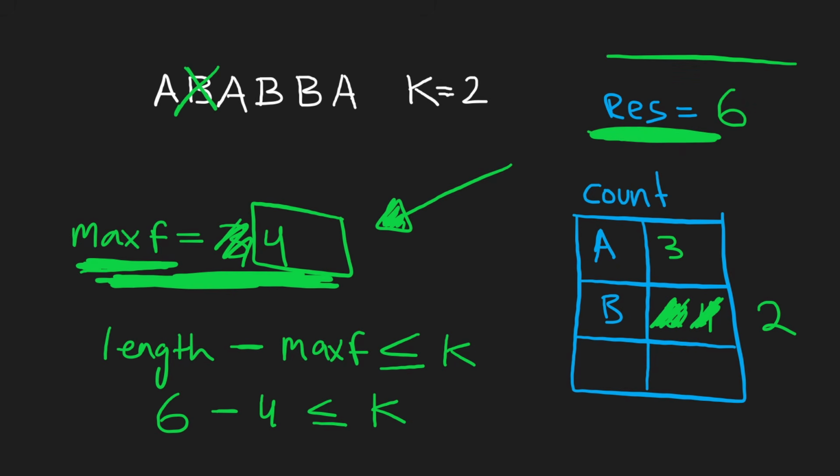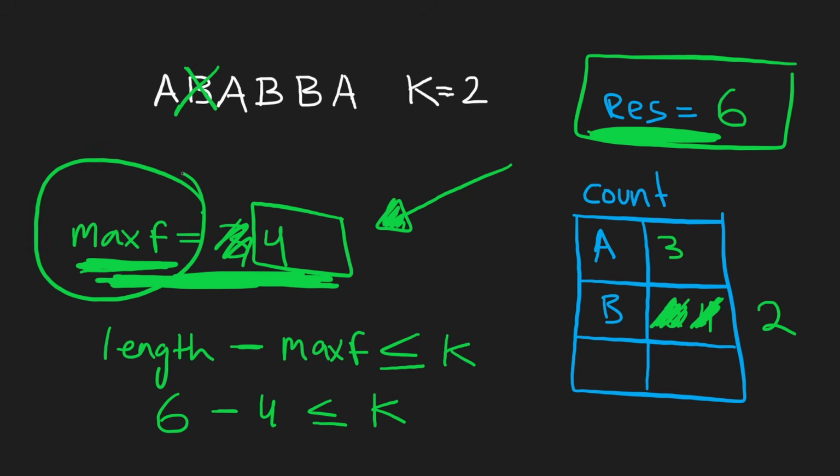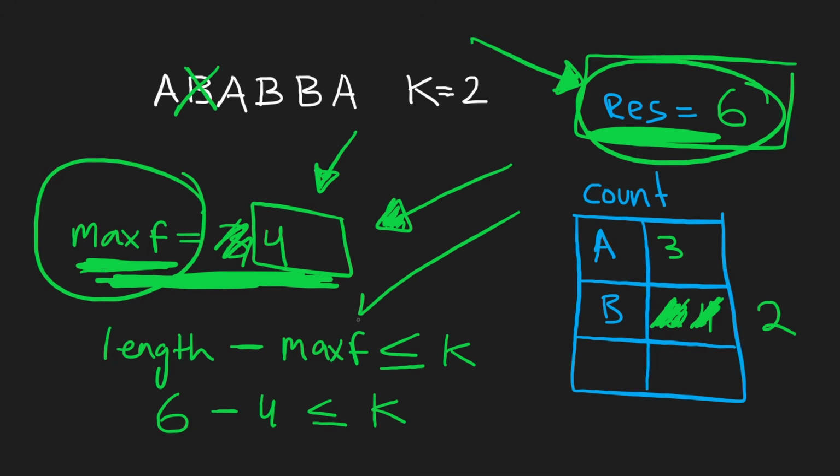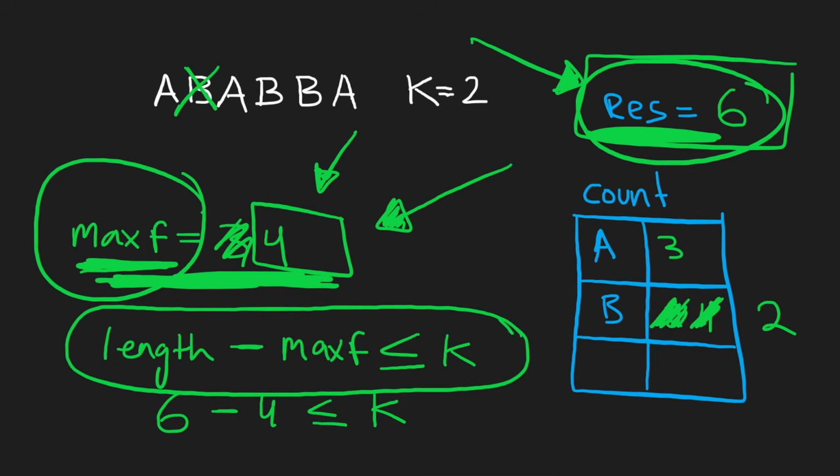If we're ever going to increase the result from 6 to another number, like 7, we would require our max frequency to increase. If it stays the same or if it decreases, our result is never going to change, because we only change our result when we increase our max frequency, since that's the only way this condition is going to be true. So if our max frequency is downgraded, we don't have to actually update it.